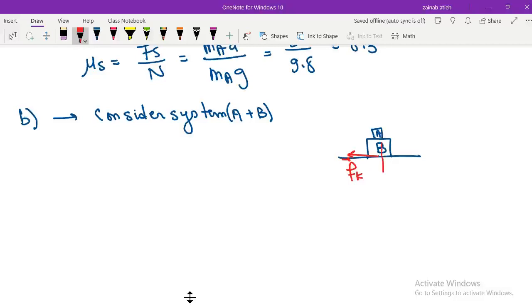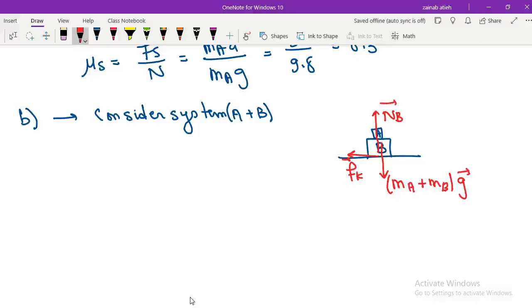I have the weight of A and the weight of B, so MA plus MB G. I have the normal on B from the ground, NB, upward, perpendicular to the ground.